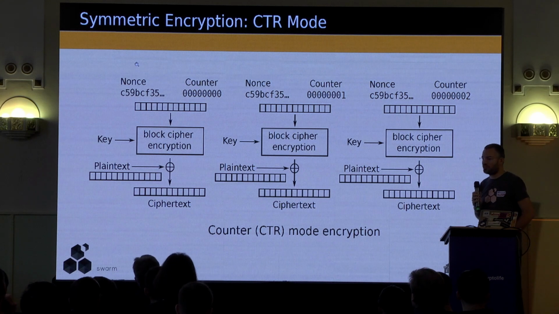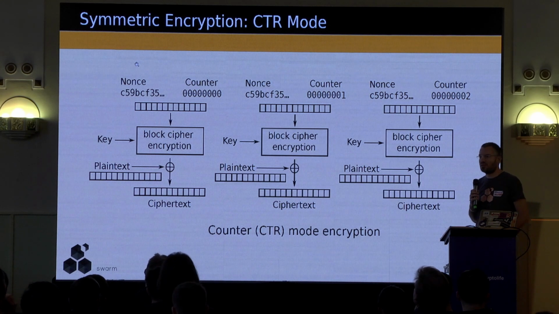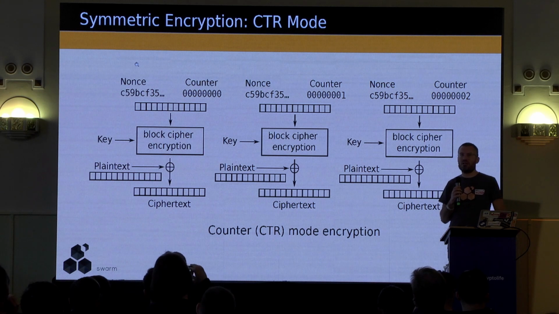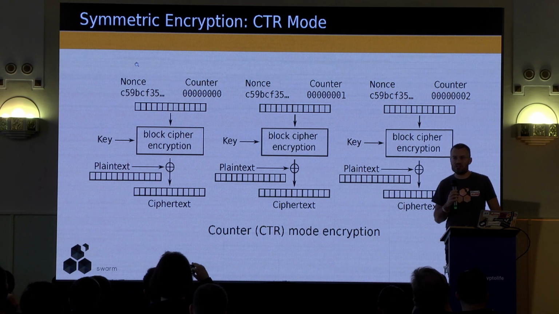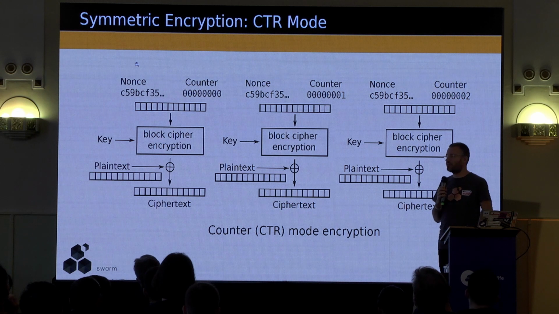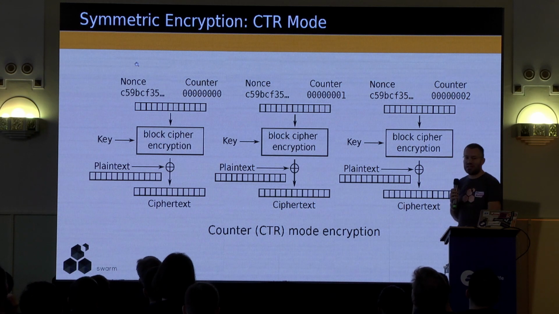So for symmetric encryption, Swarm uses CTR mode. This is currently the most common way of symmetric encryption, because it's the easiest to reason about and prove various security properties. This is a picture from Wikipedia, so you will find it right there.